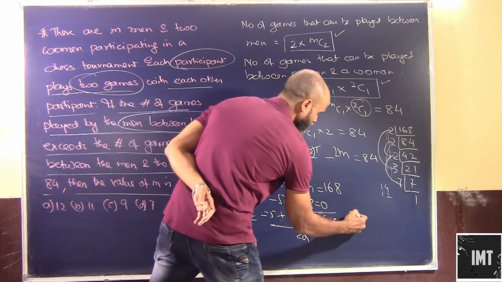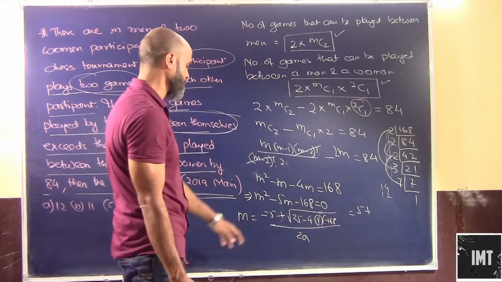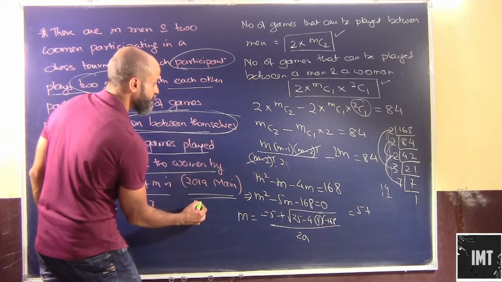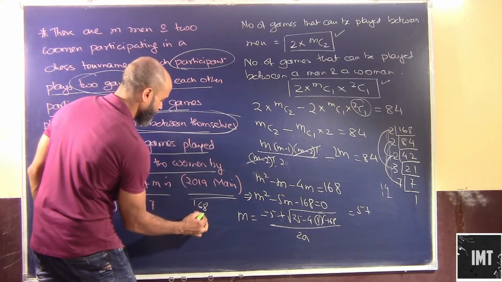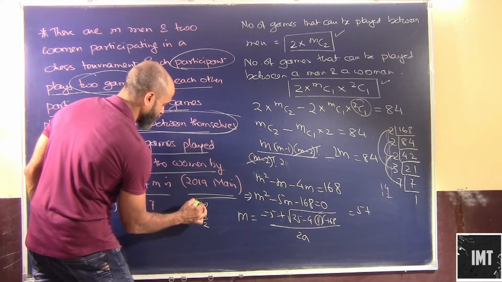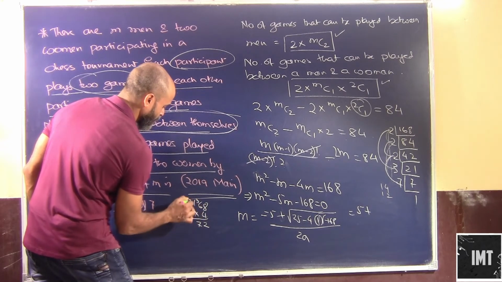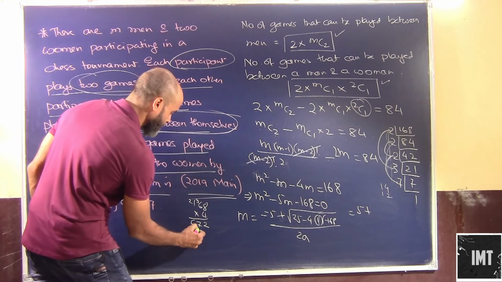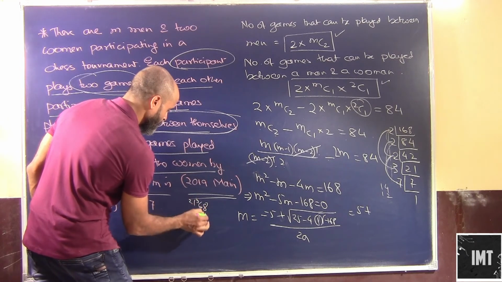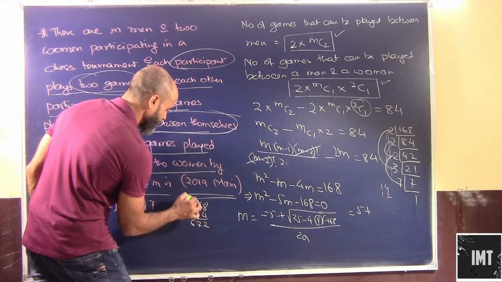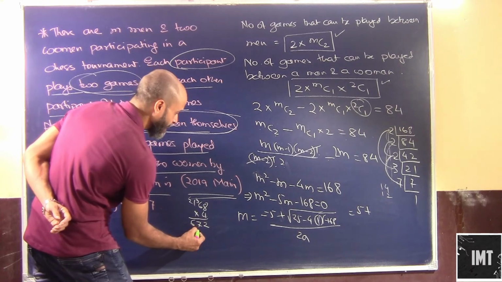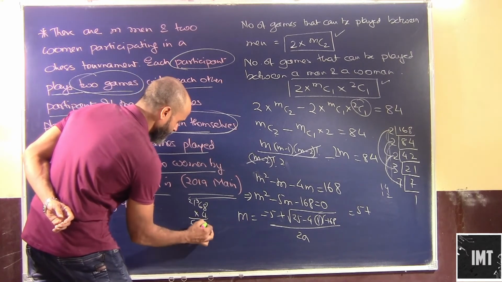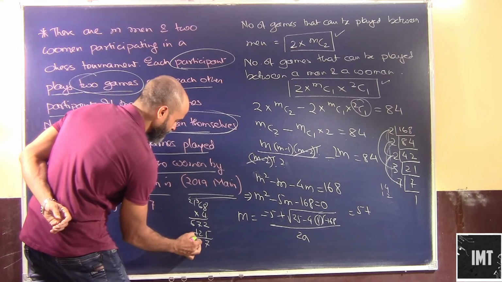So this will be 5 plus square root of 25 plus 168 into 4.